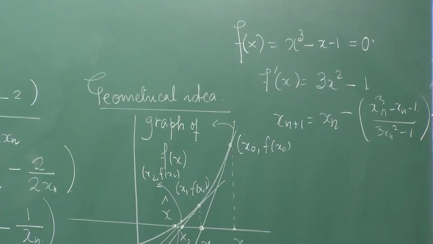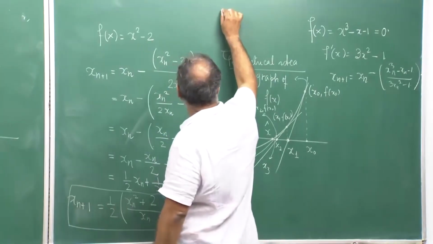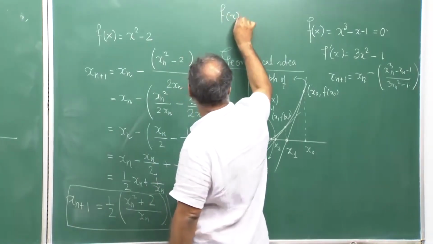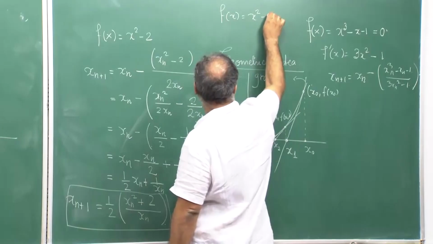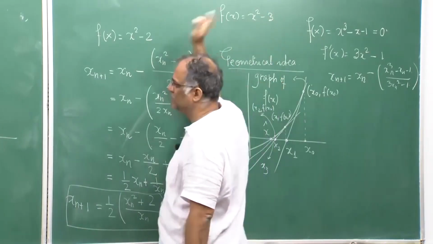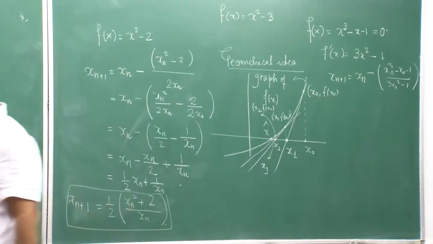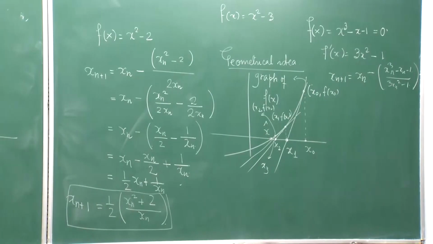I would also ask you to try f(x) equal to x square minus 3, that is, the square root of 3. So here you have a brief idea of how actual numerical computation goes.